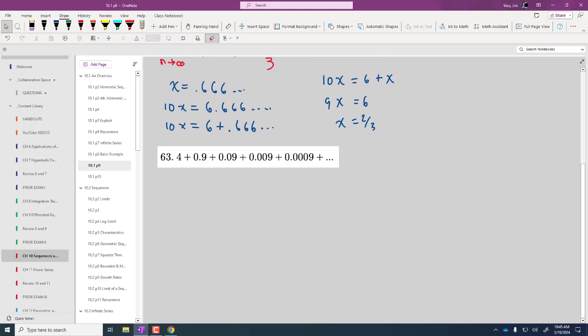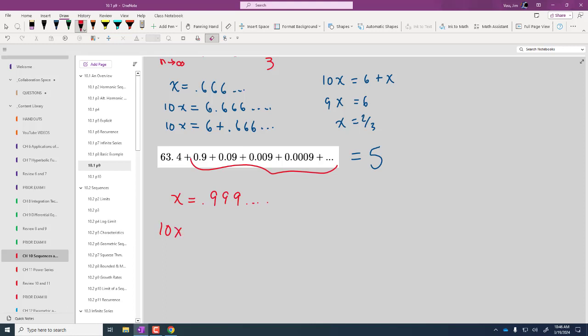What do you think this infinite series converges to? 5. This is going to converge to 5. If we want to prove that, we're going to look at this part. That's the tail. Same thing, we say x is 0.9 repeating.